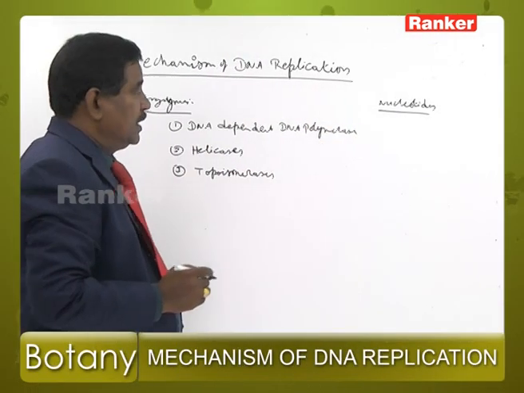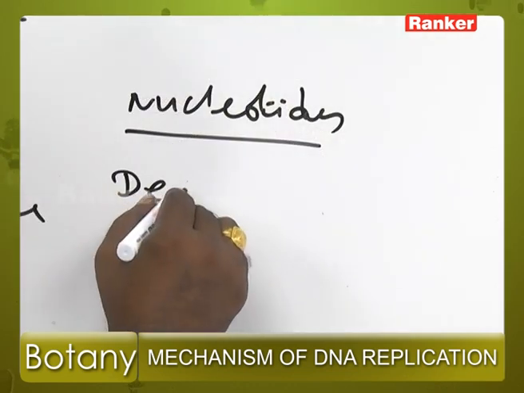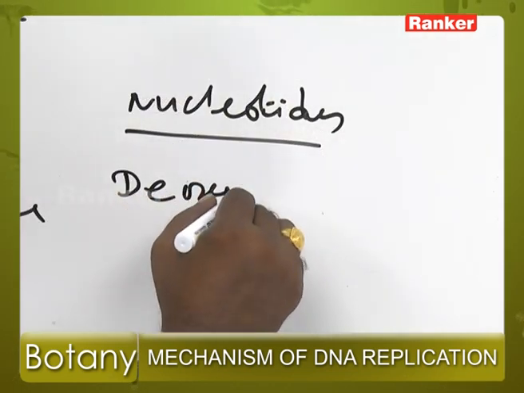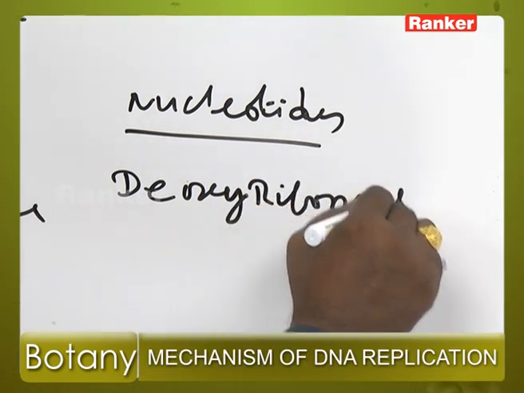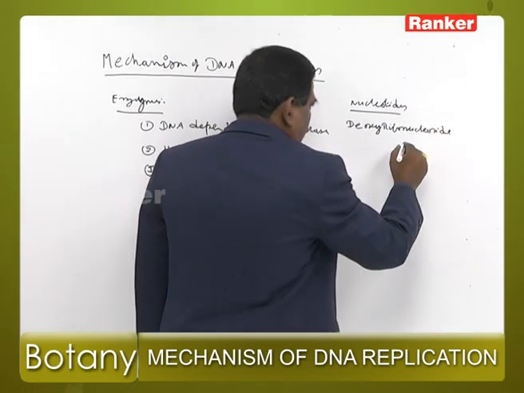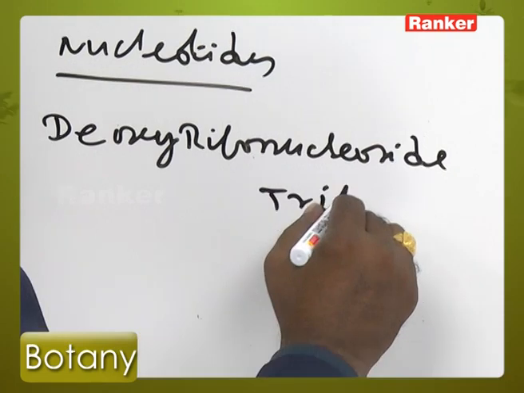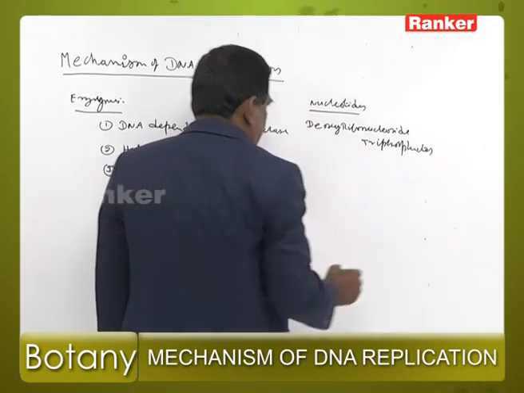Nucleotides. Type of nucleotides: deoxyribonucleoside triphosphates.